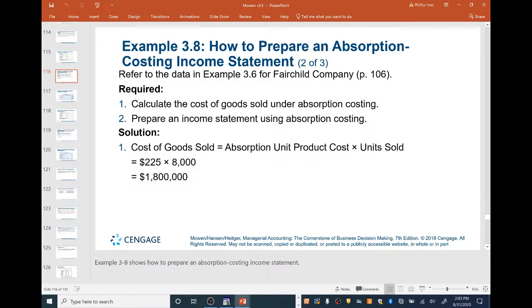The units sold was given to us in the data that we just looked at. So 225 times 8,000 is 1.8 million.